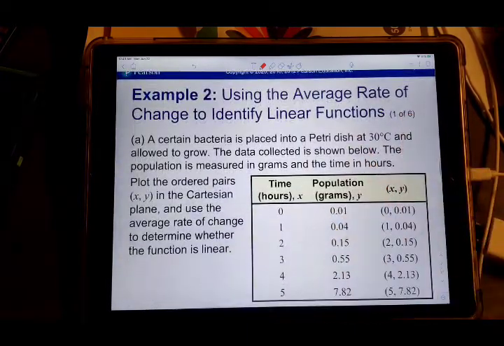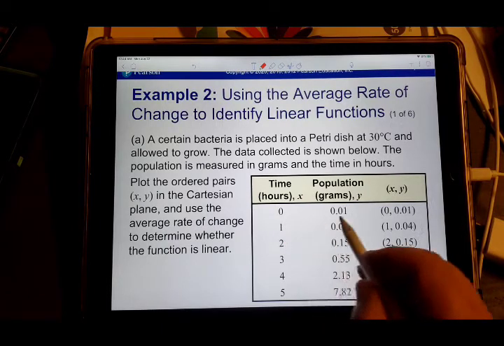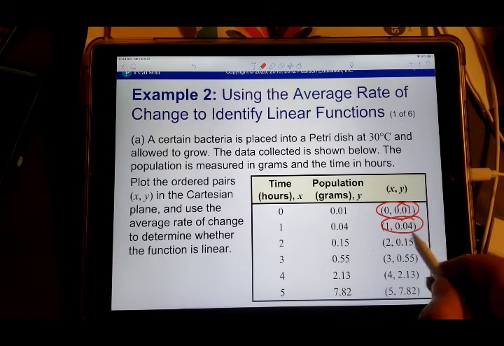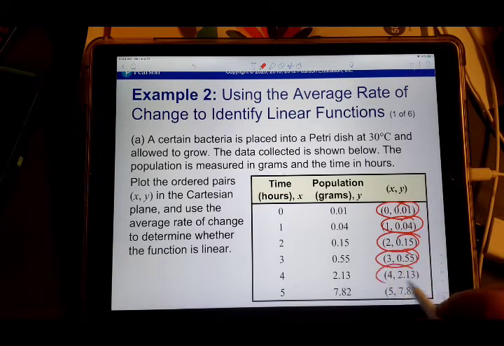So they're giving us this example. Use average rates of change to identify a linear function. So basically they're saying if you were given all of these as ordered pairs, this ordered pair, this ordered pair, this ordered pair, this ordered pair, keep on going, right? The question is, is this a linear function?